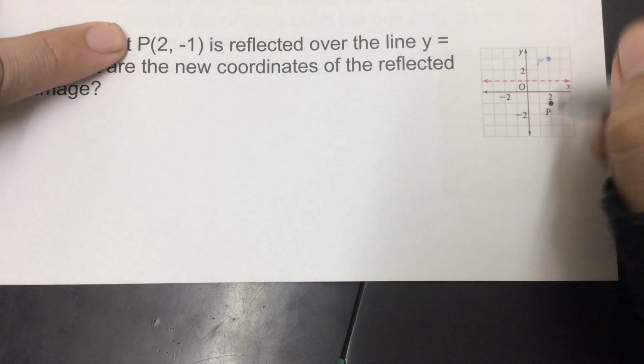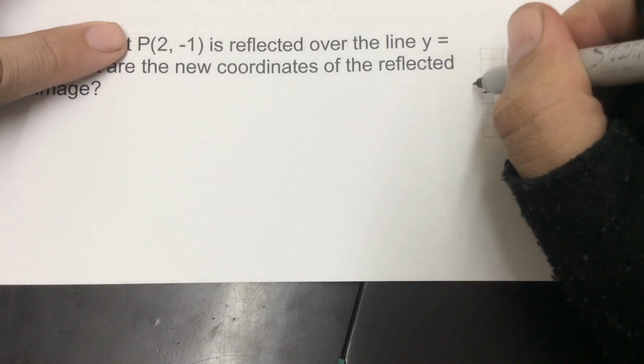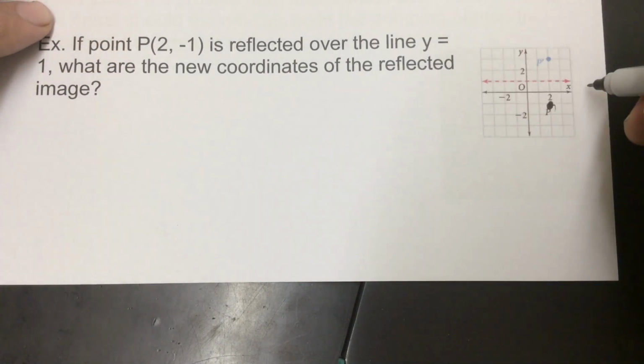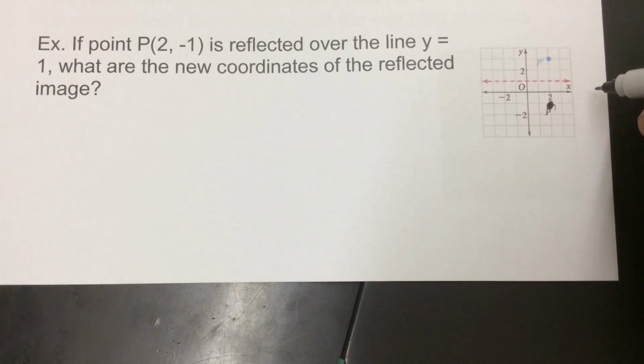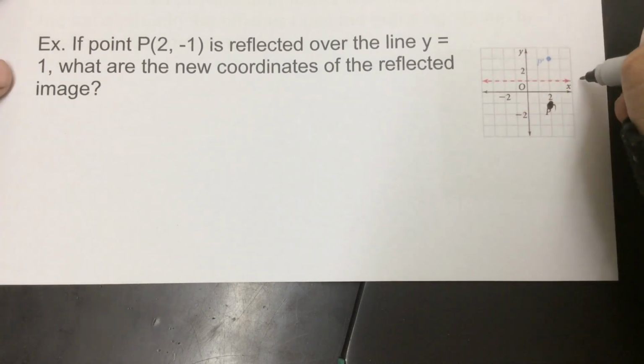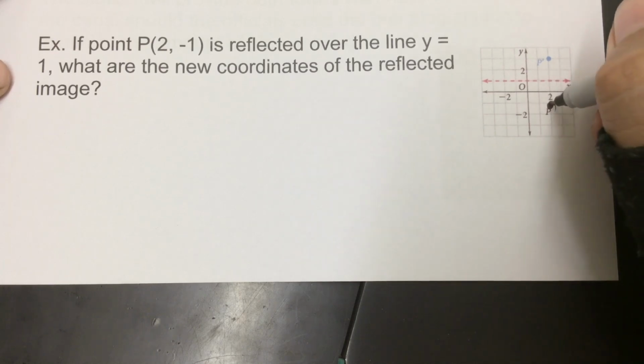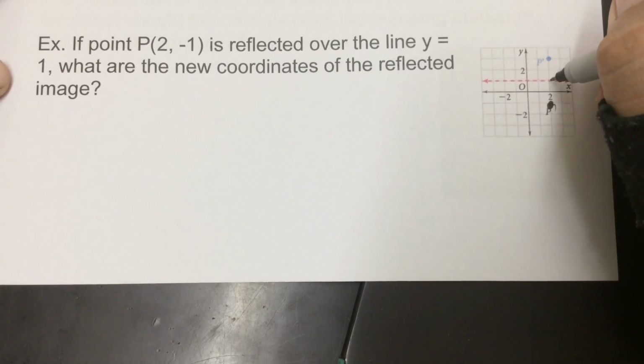So if we're at (2, 1) here, which is this main point, and the line that we're reflecting across is y equals 1. Remember, y equals is a horizontal line. So we're here at 1. If you think about it, we are 2 away from this line. So the image that we transform by reflection would be 2 away on the other side.